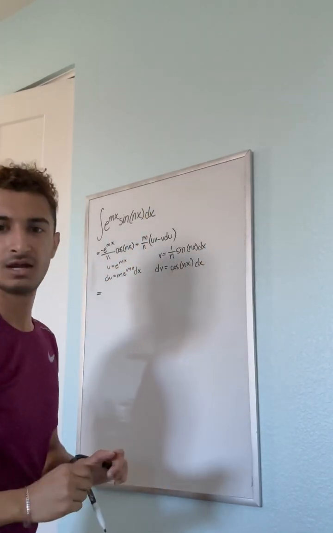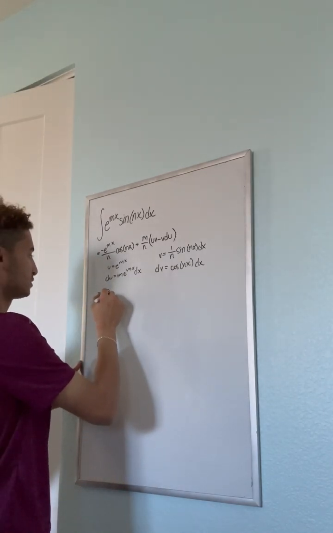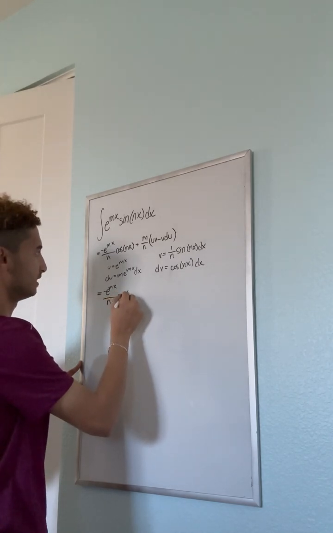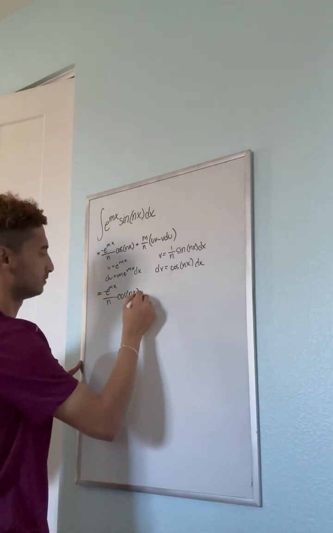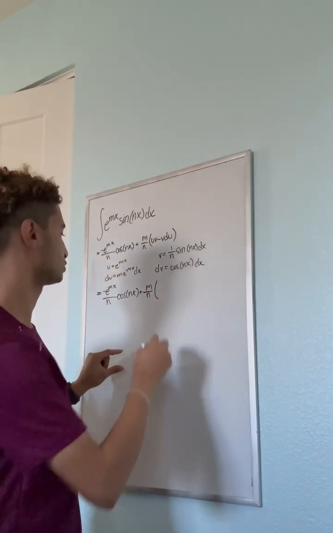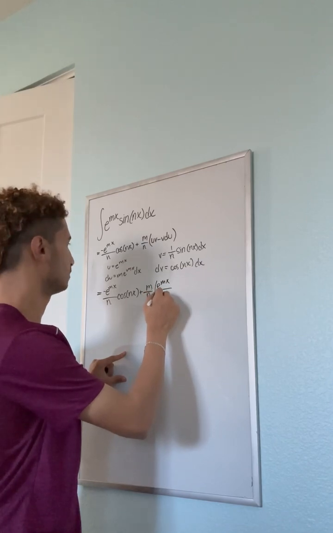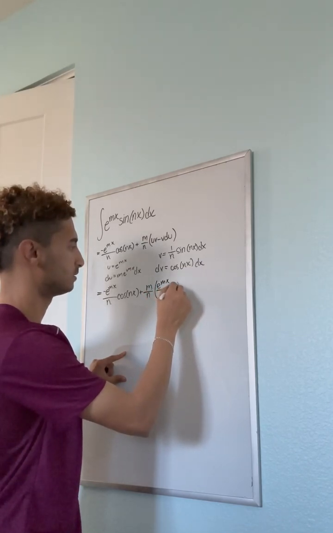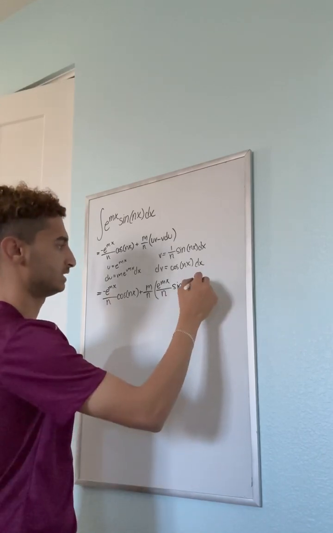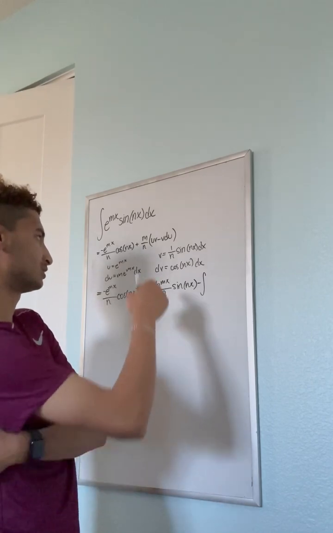Okay. Now I'm just going to write everything out, every step, just in case so I don't forget anything. So uv would just be e to the power of mx over n sine of nx minus the integral of v du, which is v du.